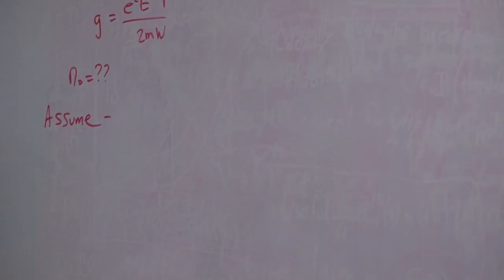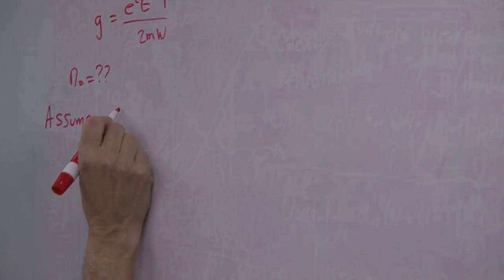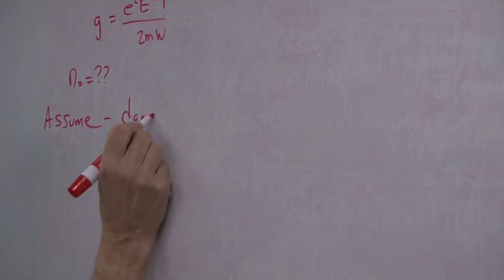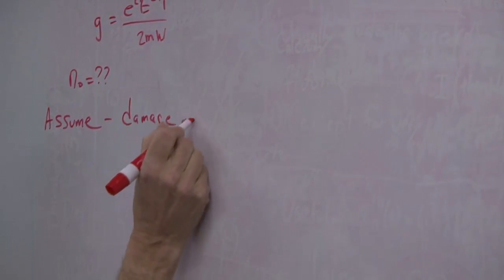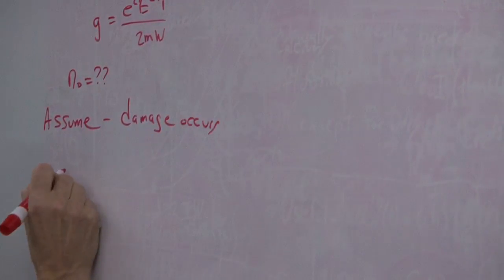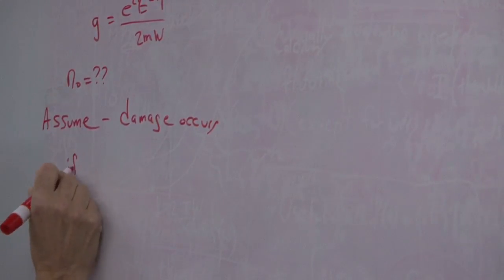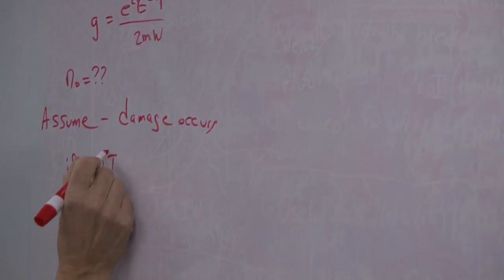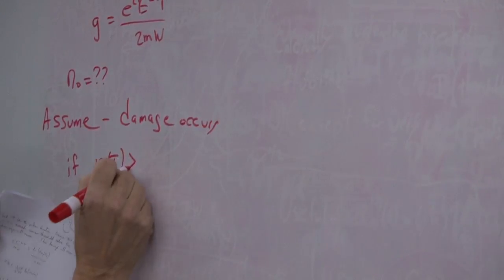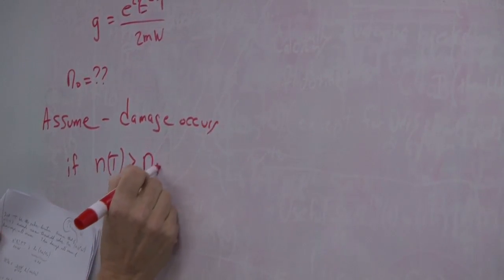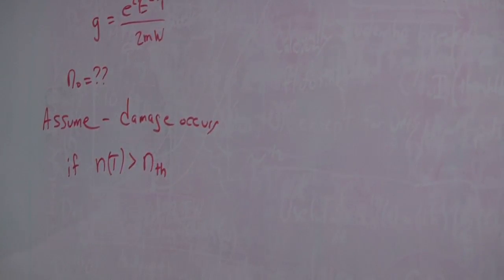Now let's make a physical assumption. Assume that damage occurs if n of t is greater than some threshold for damage.